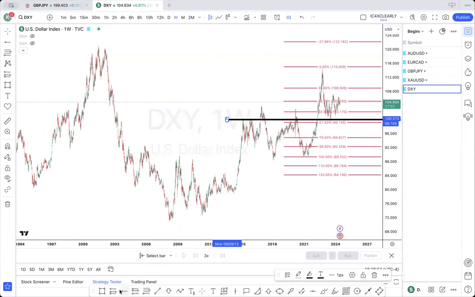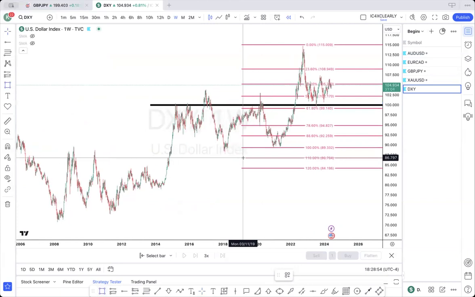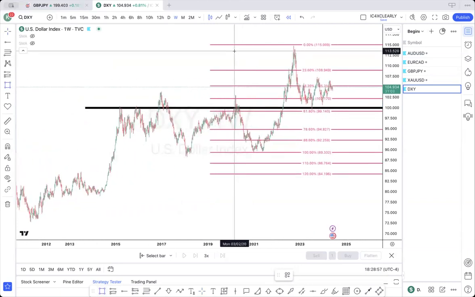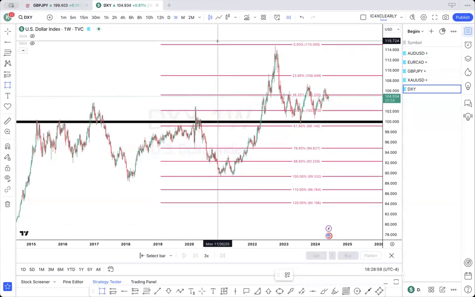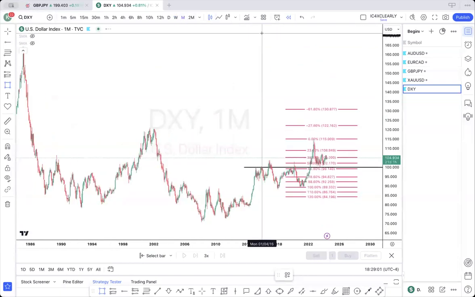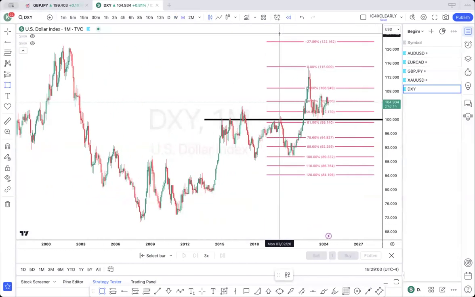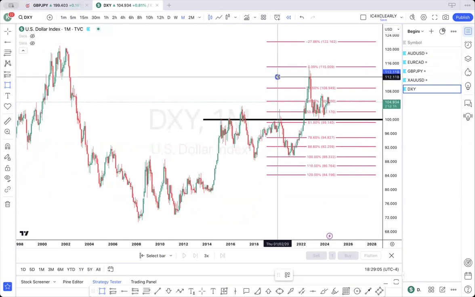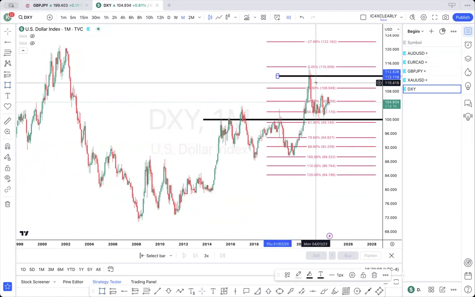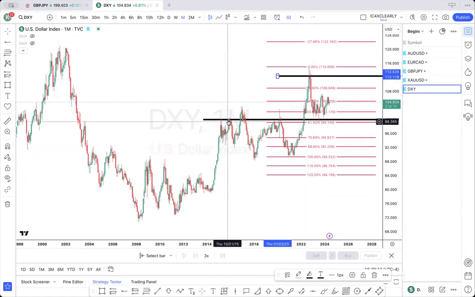And usually you can mark up, for instance, let me go to the monthly so we can see this a little better. Usually I mark up where there are very strong swing points. So price came here and reacted for 1, 2, 3, 4, 5, 6 months. It sold. And then it pushed back up.